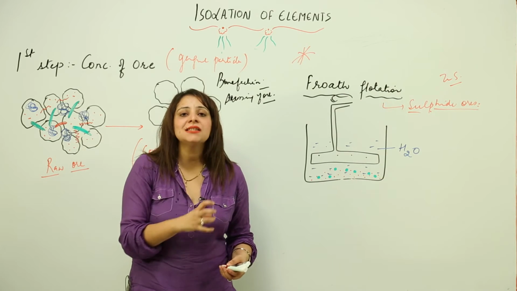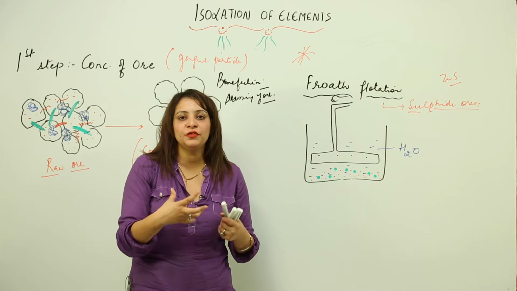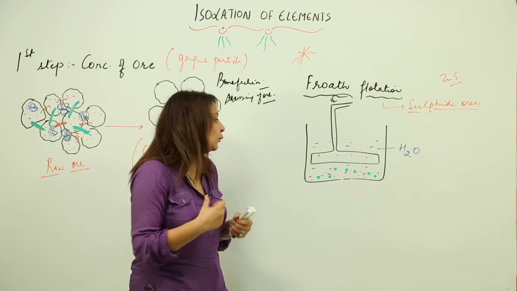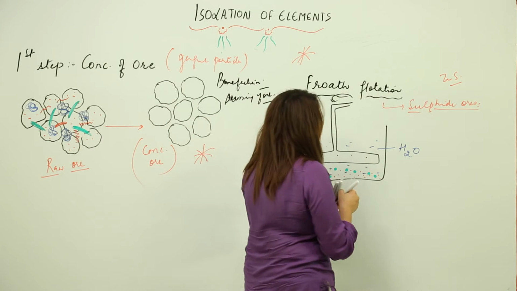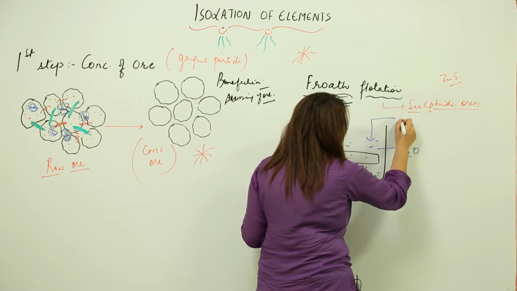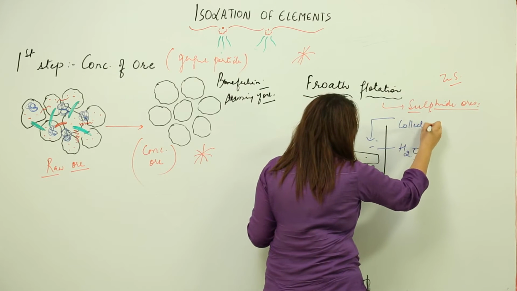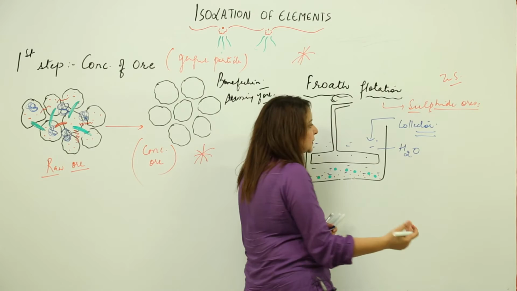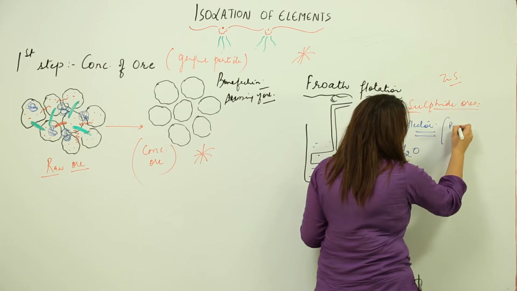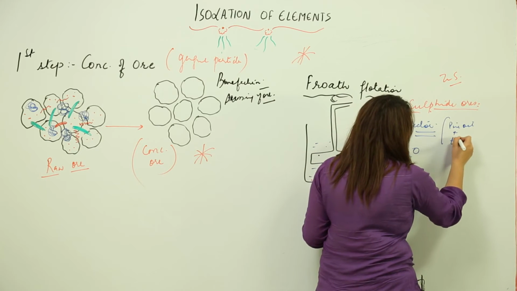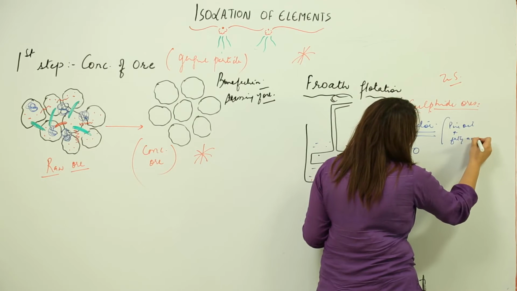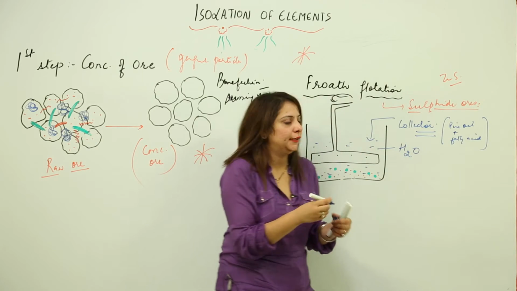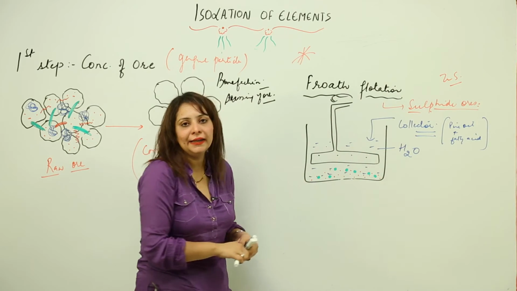So to enhance the wettability, what we do is, we add here the collector. Collector is just a substance like you can say pine oil or fatty acid to enhance the wettability. So this is what we are adding to it.